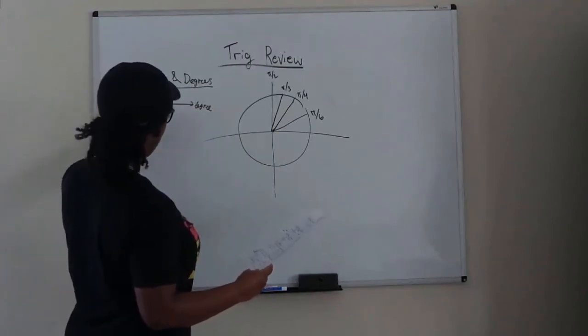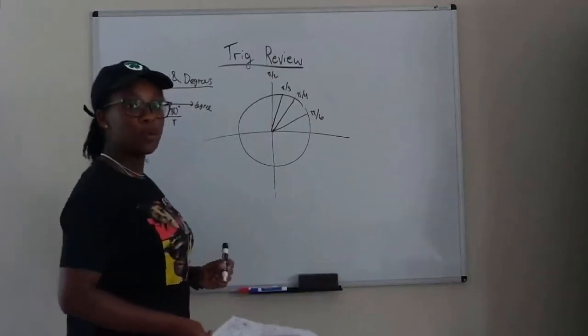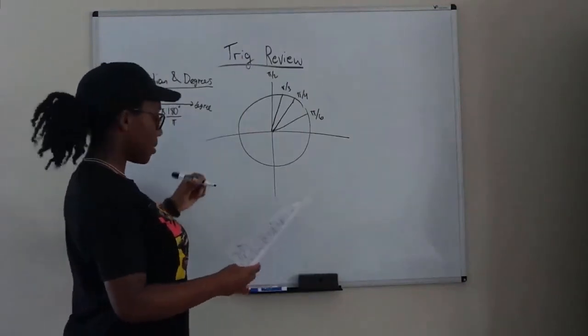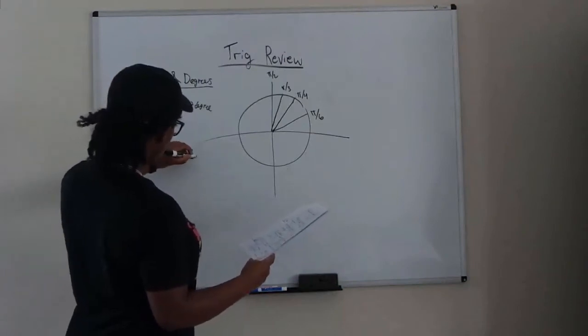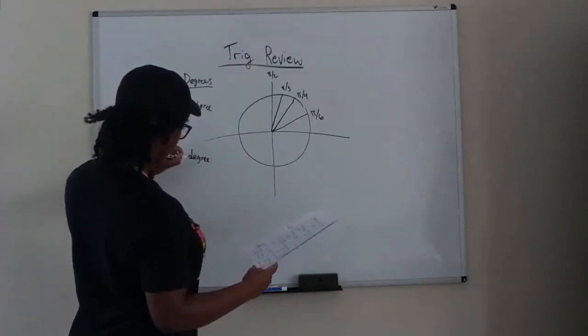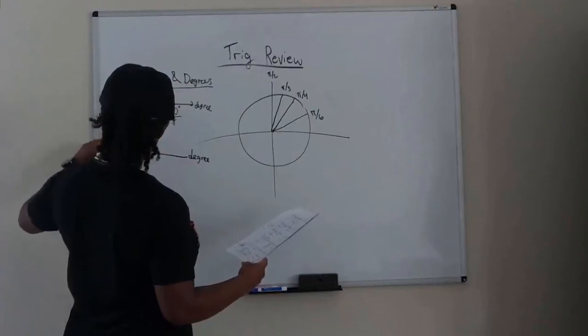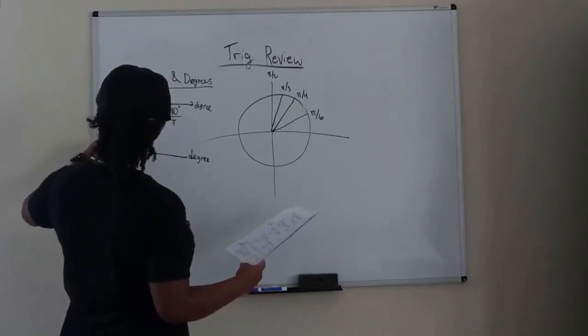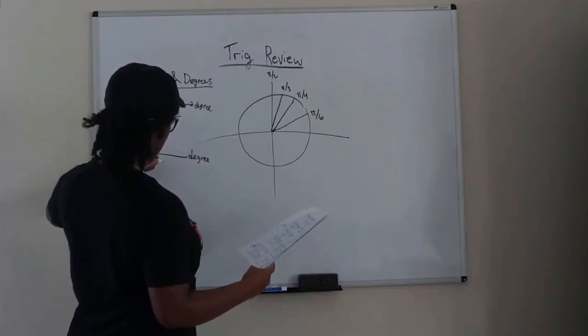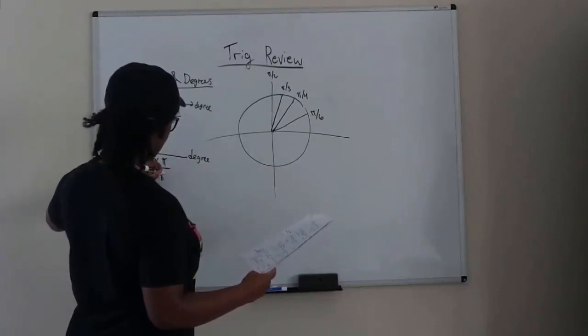You're going to multiply that radian measure times 180 degrees over pi, and that will get you your equivalent degree measure. And then similarly, let's say you start off with degrees this time, and you want to go back to radians. You're going to multiply that degree measure by pi over 180 degrees.